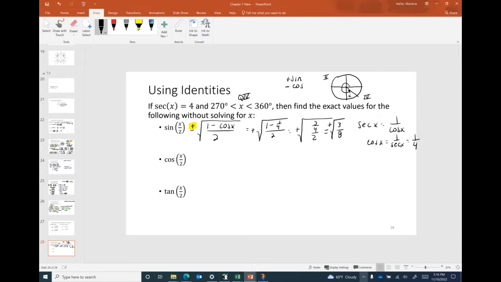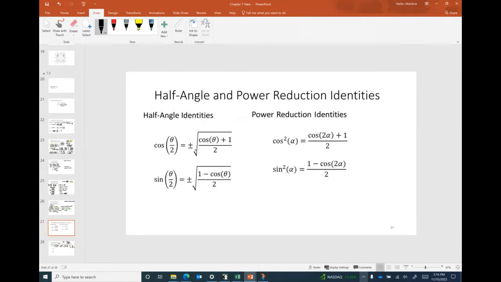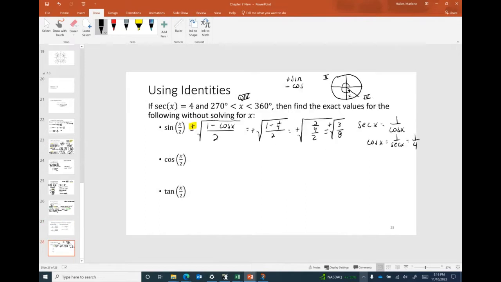Okay? Now how about the cosine? The cosine has its formula as well. There's our cosine formula, so let's copy that down. It's going to be plus or minus the square root of 1 plus cosine over 2. Is it positive or negative? Well, we're in quadrant 2, so it's going to be negative.